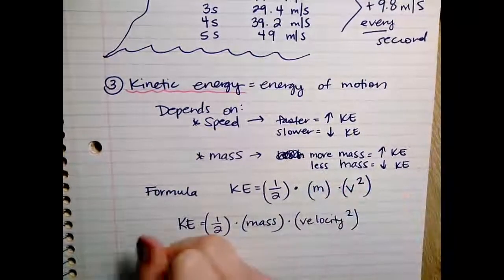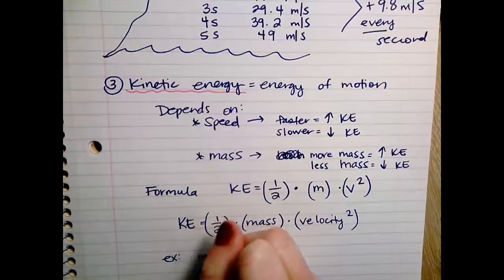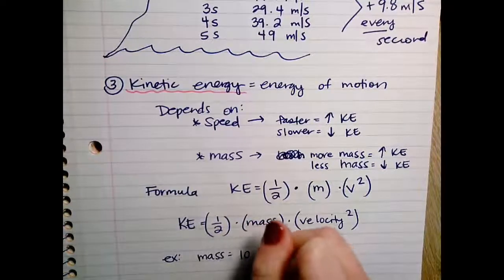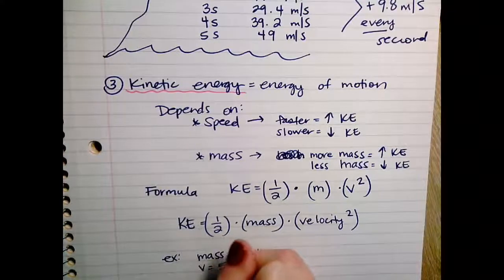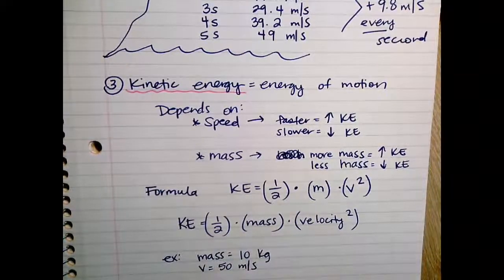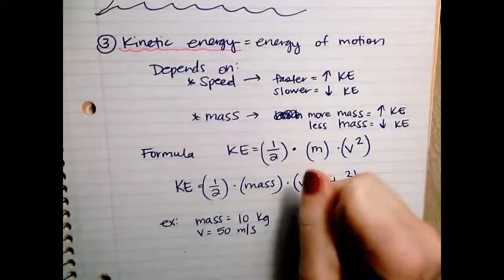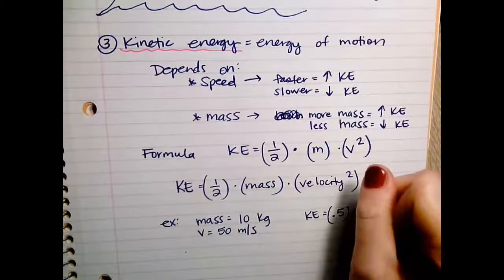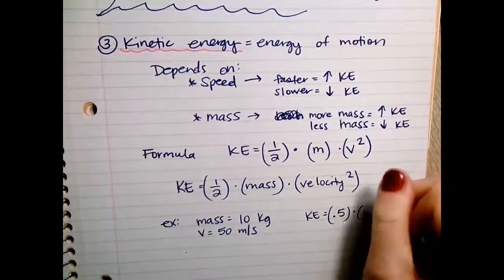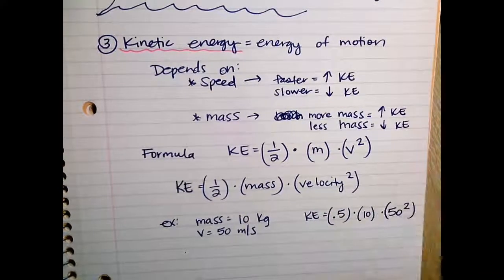I'm going to give you an example of how to calculate this. If I have an object that has the mass of 10 kilograms and it's moving at a velocity of 50 meters per second, we would write kinetic energy equals 0.5, or that half, times our mass, which is 10, times our velocity, which is 50, but we would square the 50.